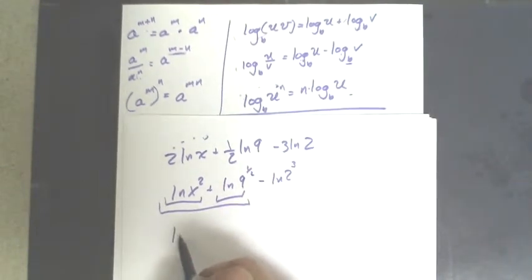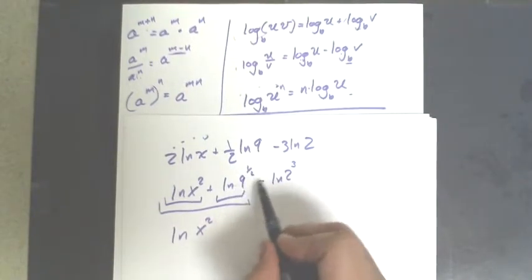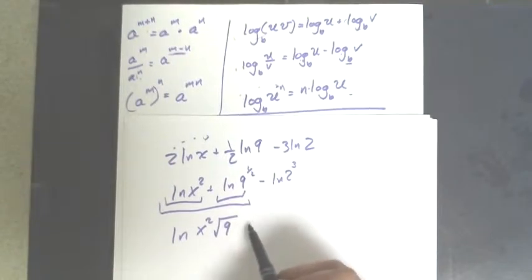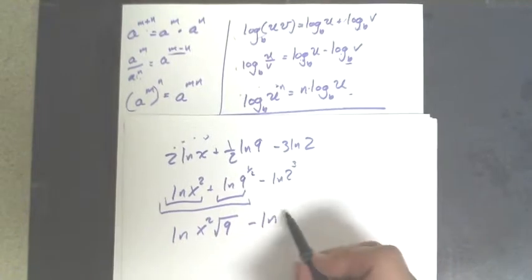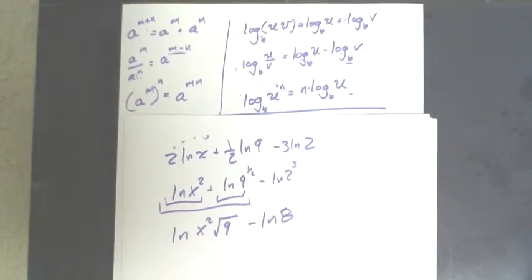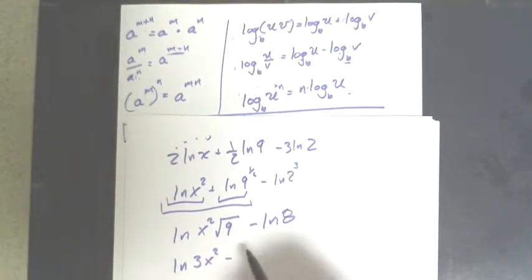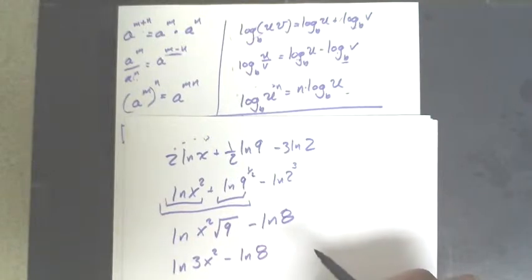So you get the natural log of x squared and 1/2 power. 1/2 powers are square roots, so we could write that as the square root of 9, minus the natural log of 2 to the 3rd. 2 to the 3rd is 8. Square root of 9, we might as well simplify it while we are here. Square root of 9 is 3x squared. Reverse the order just because I like it that way. Minus the natural log of 8.